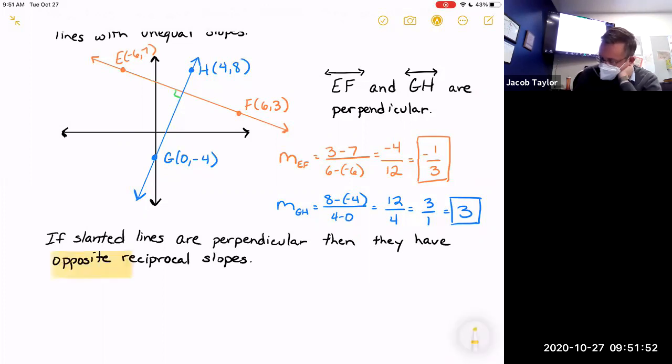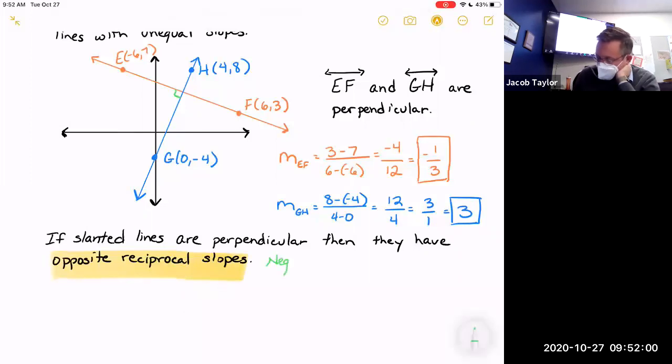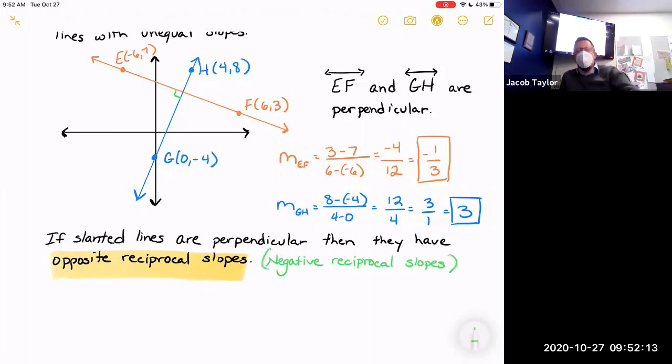I believe that's the way they refer to it nowadays, is opposite reciprocal, but back in the olden days, we called them negative reciprocal, which just meant change the sign. That's the way us old people refer to it, negative reciprocal. Just means you change the sign.